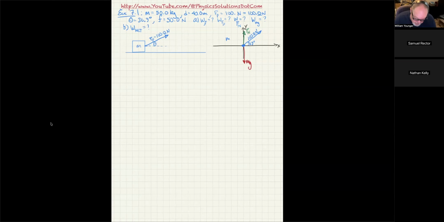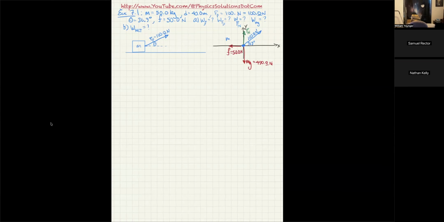So 50 times 9.8 is equal to 490.0 newtons. Now, we also have acting on it a friction force, which, since we're pulling it to the right, must act to the left, and that friction force is 50.0 newtons.